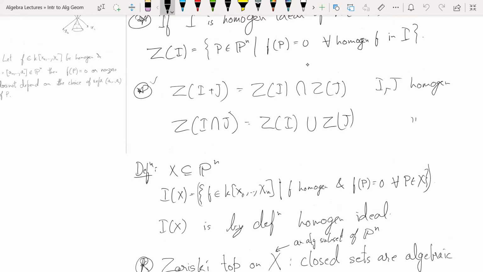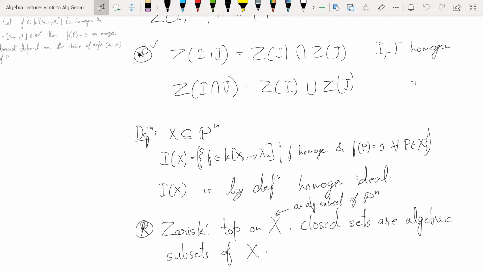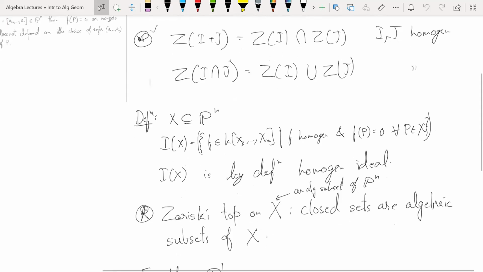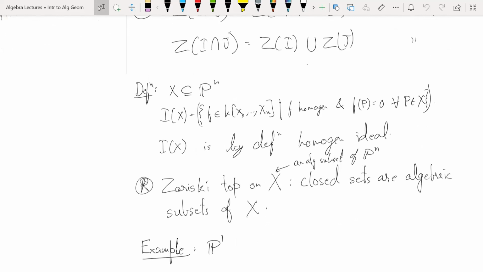So this helps us show that this is indeed a topology. Of course, Z of the zero ideal is the whole of Pn, and Z of the whole ring is the empty set. So that will tell you that this is a topology.